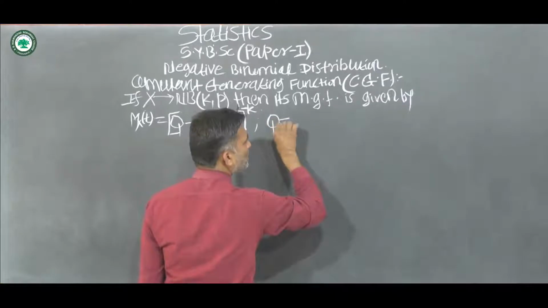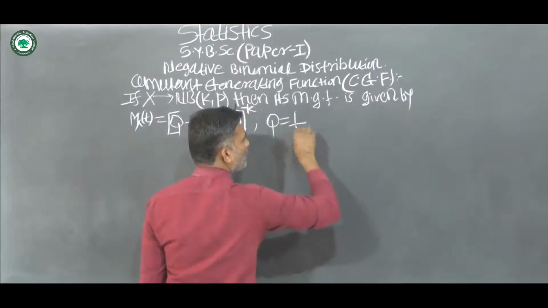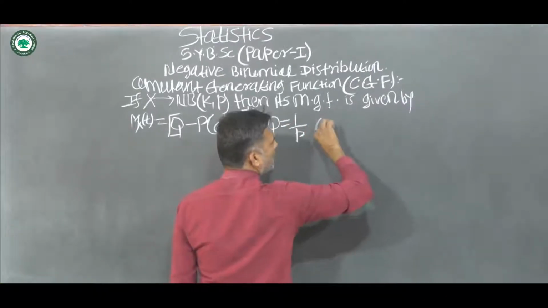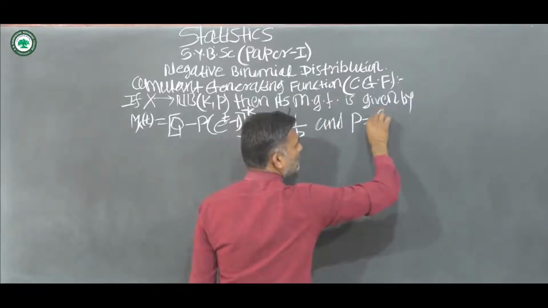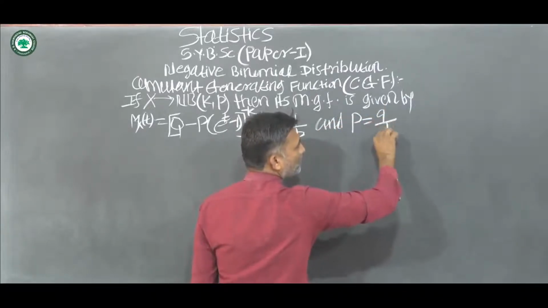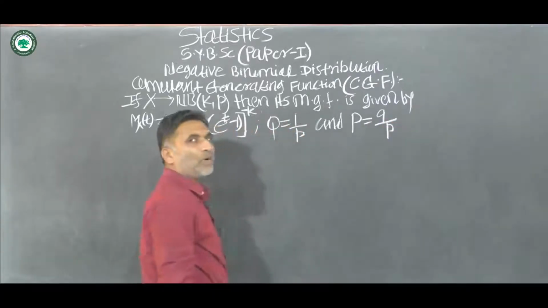Here capital Q is equal to 1 upon p and capital P is equal to q upon p.